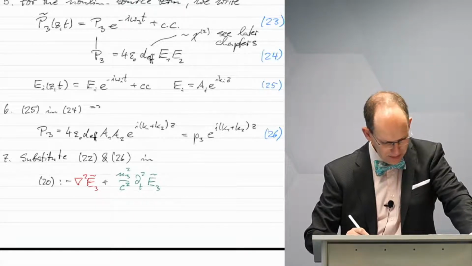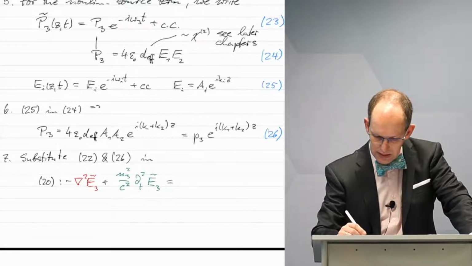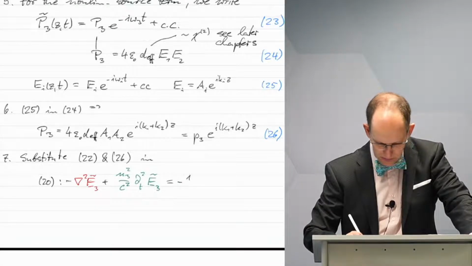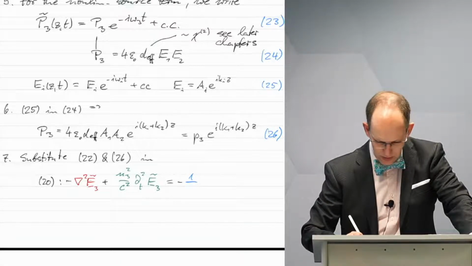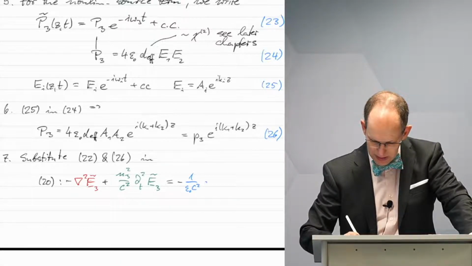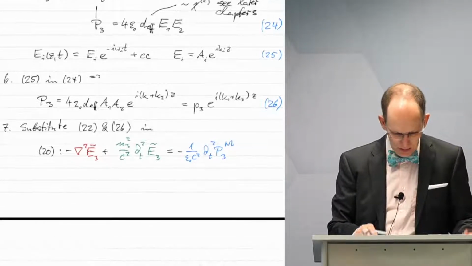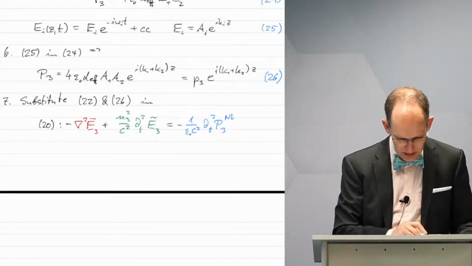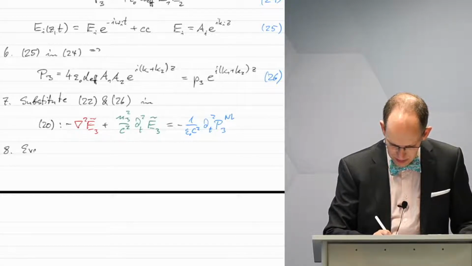So we do it this way, and this should equal minus 1 over epsilon 0 times c squared, and the second derivative of the nonlinear polarization. So now we evaluate term by term.